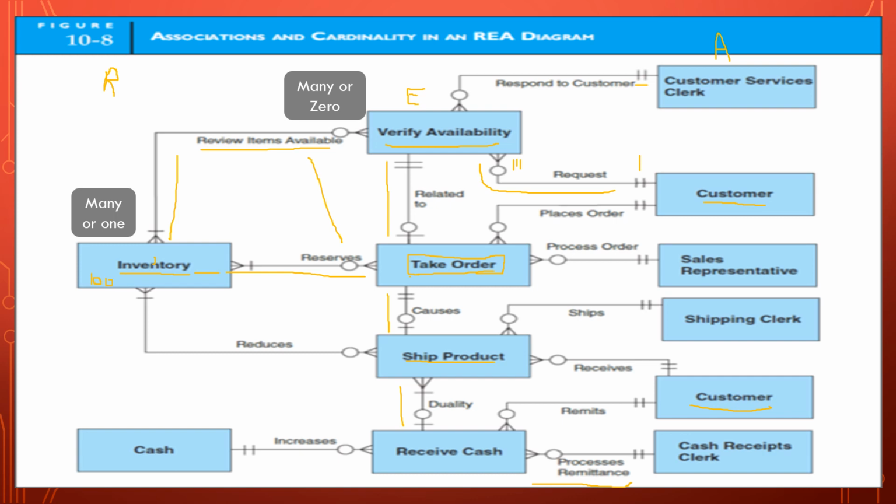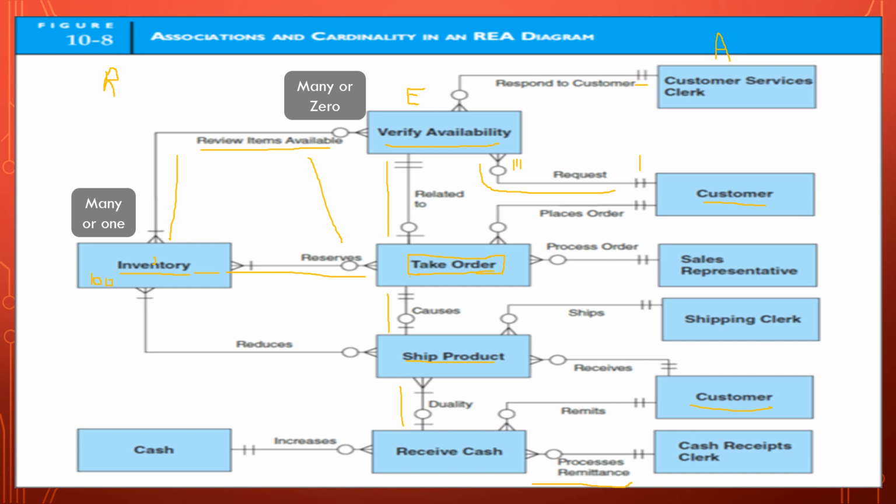And then we go to the causes, meaning that the taking order is causing the shipment of the product. So you can see also for one taking order, it should be one shipment of the product.